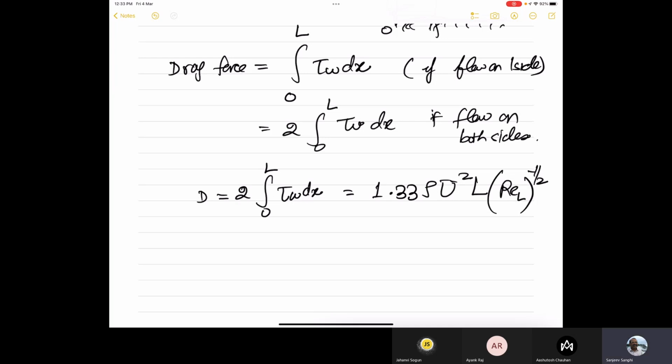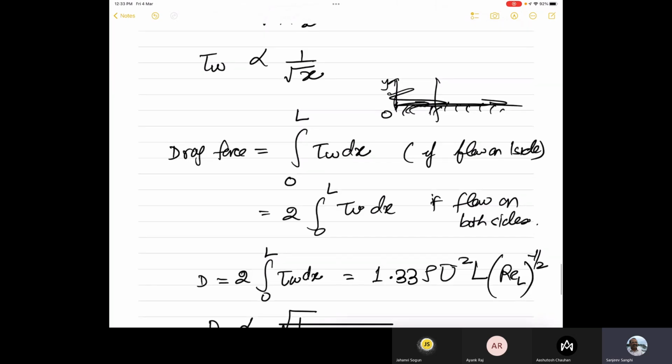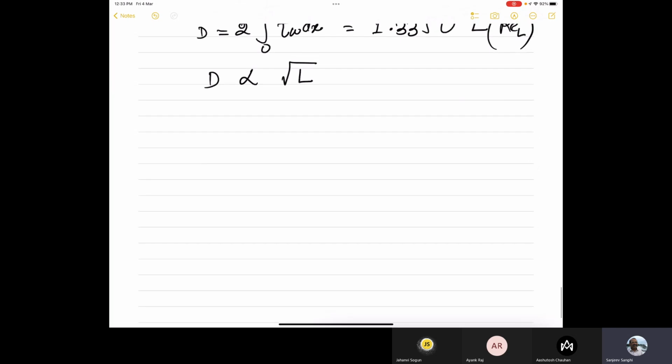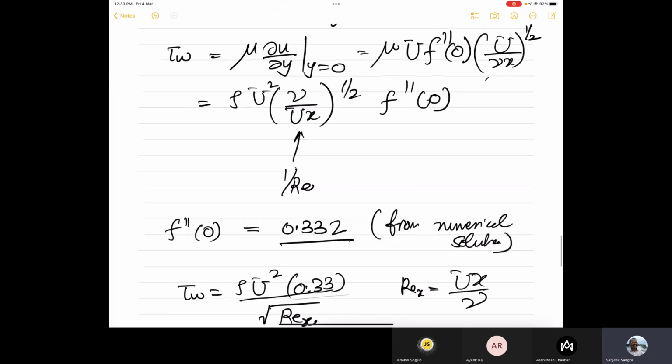So in Re_L there is a square root of L, so drag is proportional to square root of L. Whereas the shear stress tau was proportional to 1 over root x, the integrated drag force is proportional to root L. And these are some of the features of the Blasius solution.